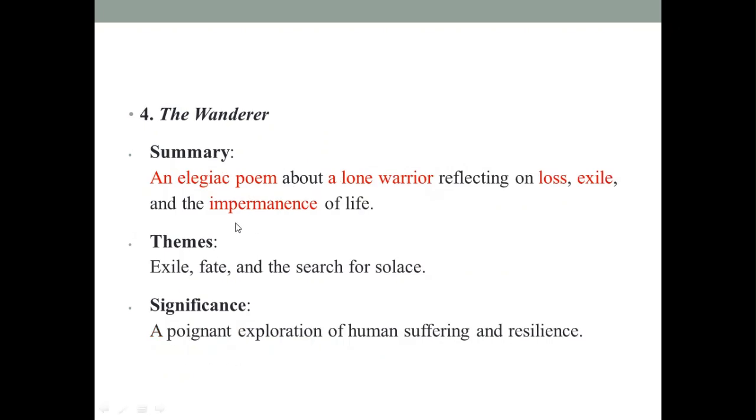And then the next work is Wanderer. It is an elegiac poem about a lone warrior reflecting on loss and exile, and the impermanence of life. Wanderer means a traveler.